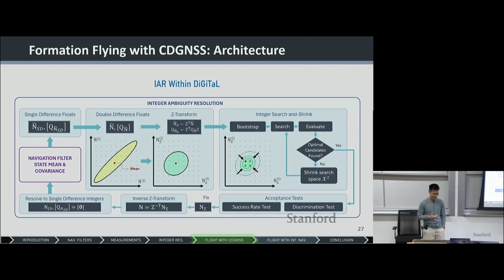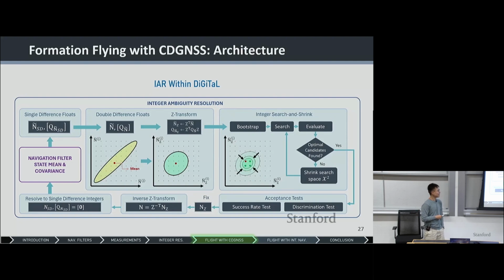Ironically, we found out that integer ambiguity resolution isn't any more computationally expensive than a Kalman filter update if the computational steps are designed well. So there's some kind of sparsity optimization and things like that.